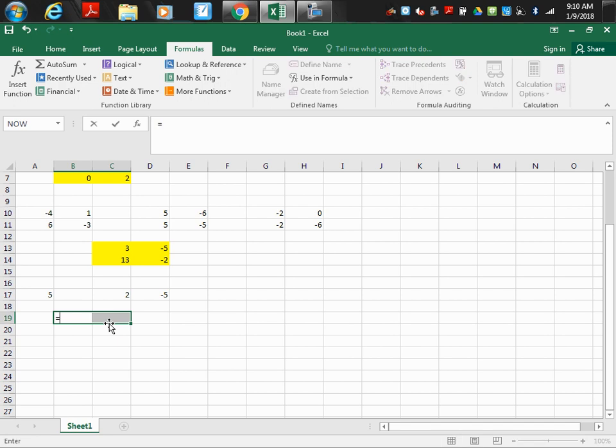Do the same thing. Equals times, using formula, 5B, Control Shift, and then Enter. So when you're doing the multiplication, you're using the distributive property. It is the same procedure.